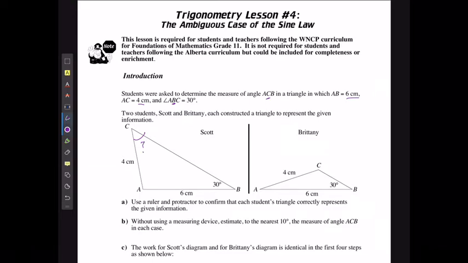Scott drew this, and he wound up with angle C being an acute angle. Brittany drew the same dimensions, where she still had angle B being 30 degrees, A to C being 4 centimeters, and A to B being 6 centimeters, but she drew angle C as an obtuse angle.